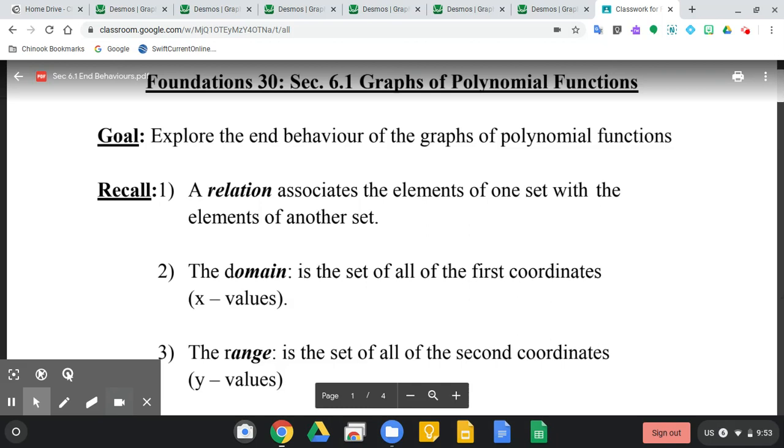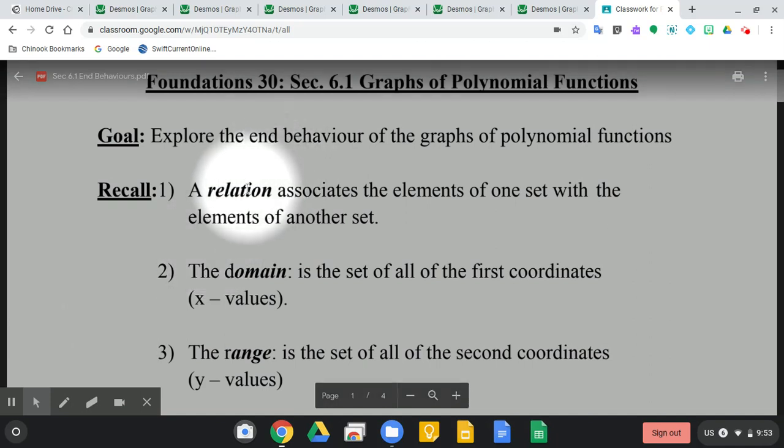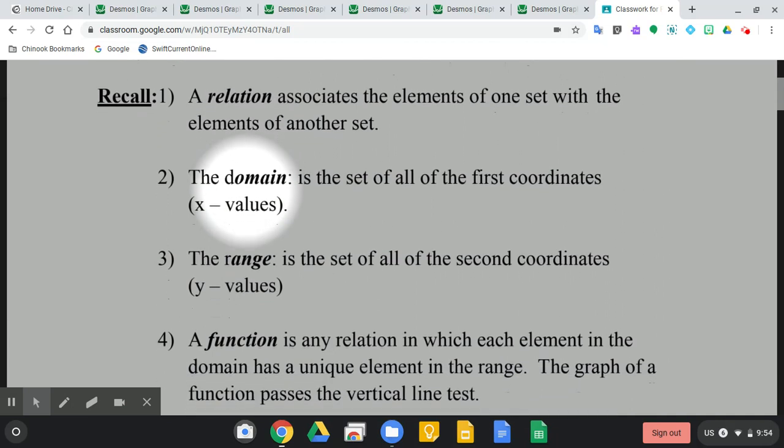In Foundations 10, we talked about a relation. A relation is an association between the elements of one set and the elements of another set. So in the world of algebra, we're usually talking about the relationship between a set of x values and the set of y values, which brings us to our next definition, the domain.